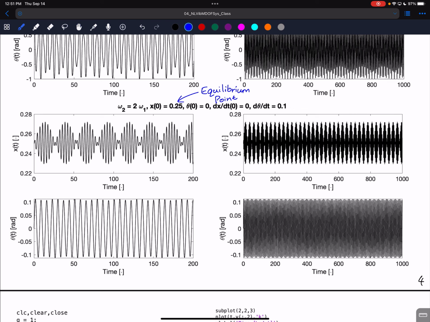It's at its equilibrium point, but we're providing a relatively small initial angular velocity here, and you can see how the translational displacement now exhibits this beating phenomena in the sense that its amplitude starts small, grows, decreases, and then repeats this process.